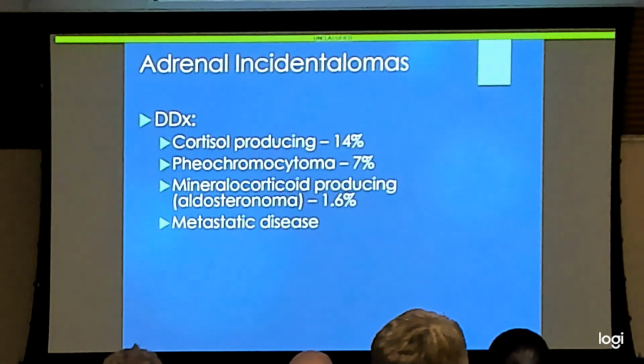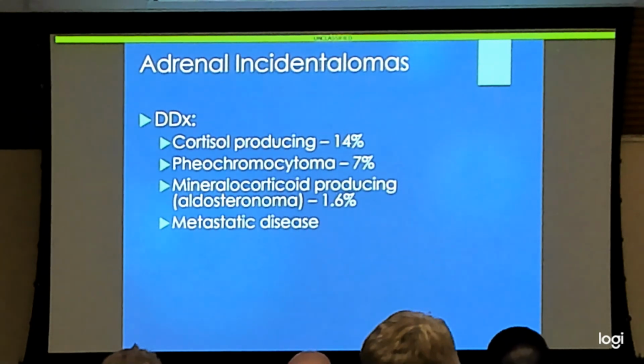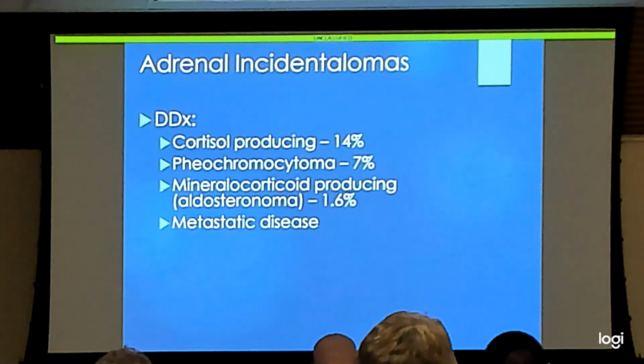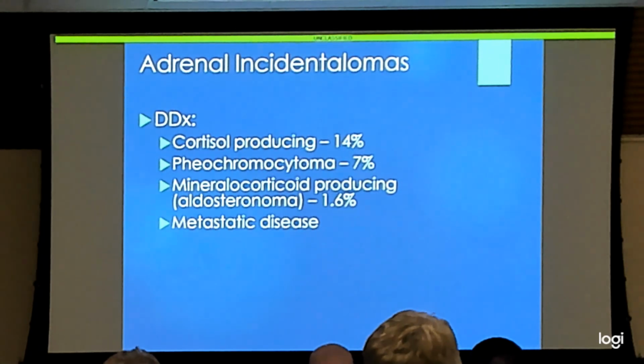So what do I need to understand? The top one, if it's metastatic disease, that sucks. But the first three we're talking about are cortisol producing. What would be a cortisol producing tumor? Cushing syndrome. Yes, good job. Then pheochromocytoma, we just talked about it, so hope you remember that.